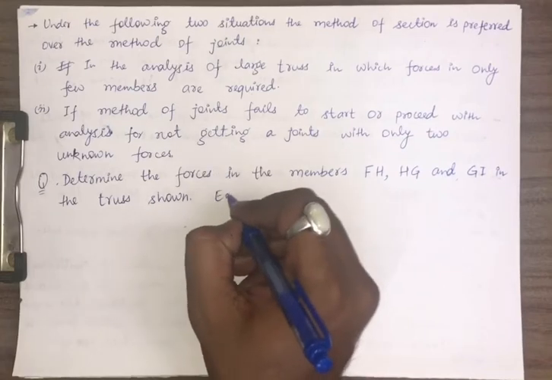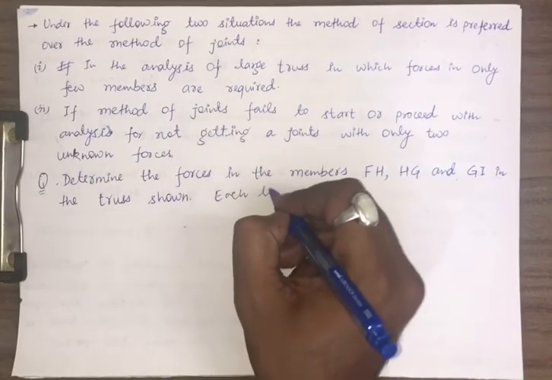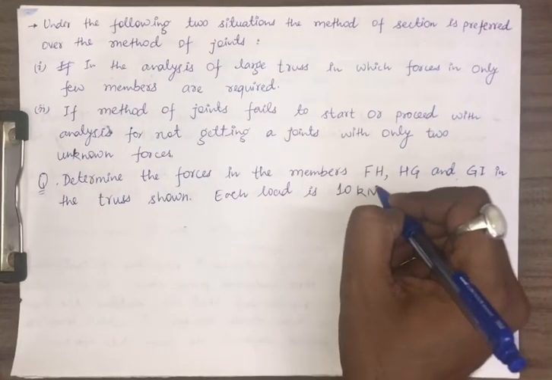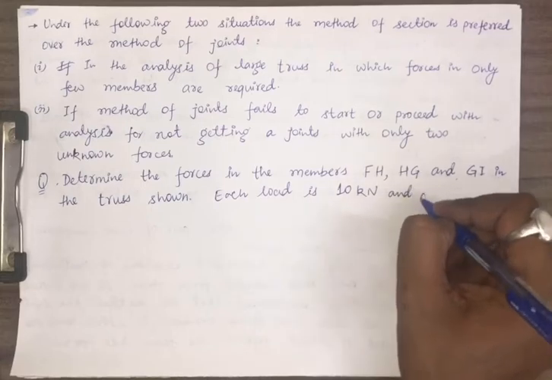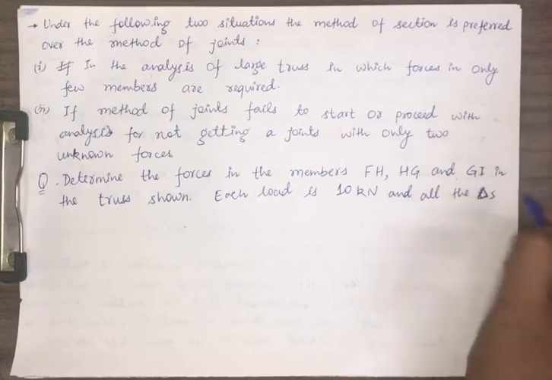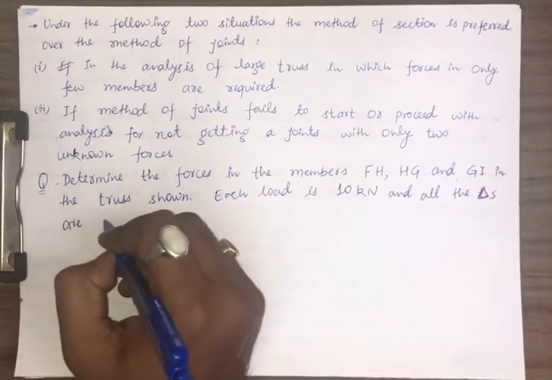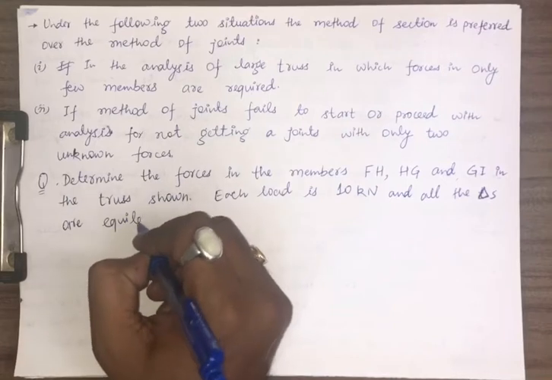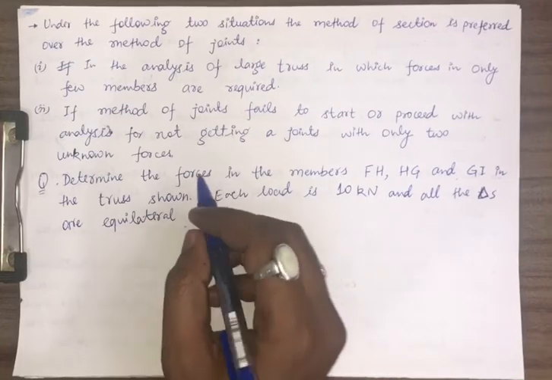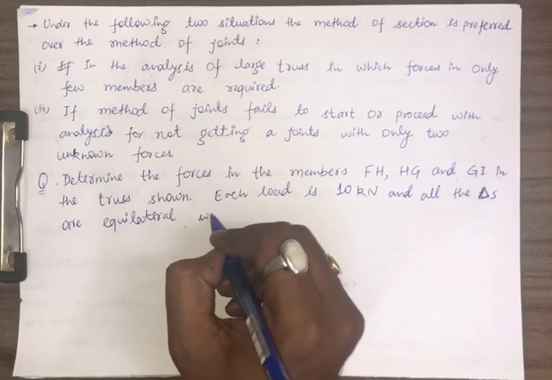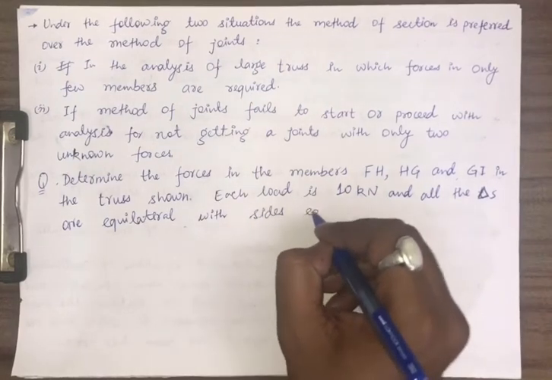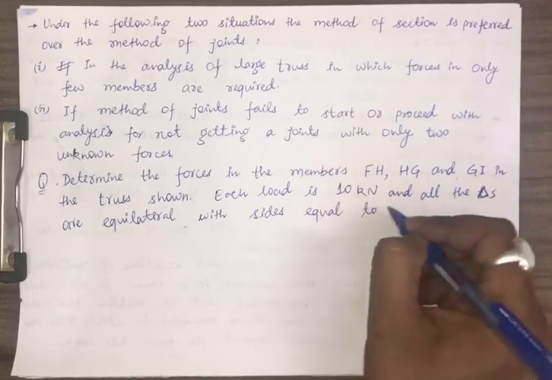Each load is 10 kilonewton and all the triangles are equilateral with sides equal to 4.